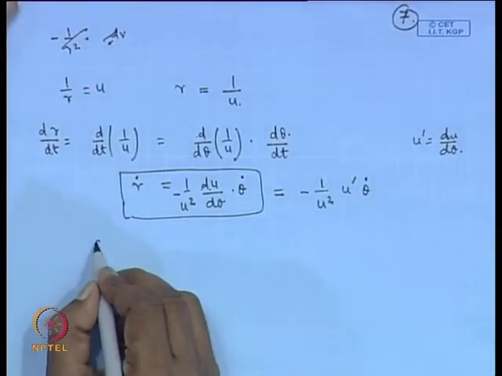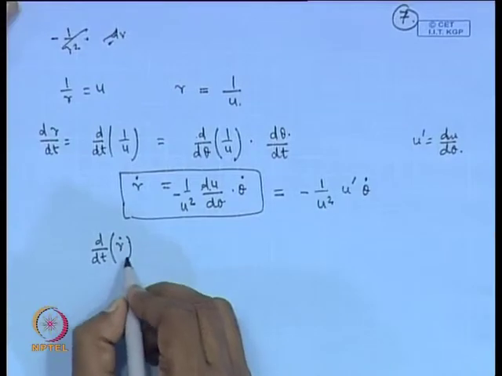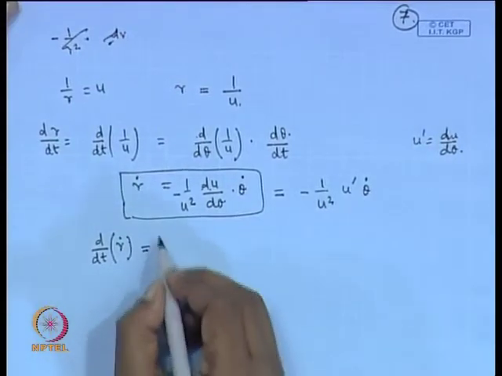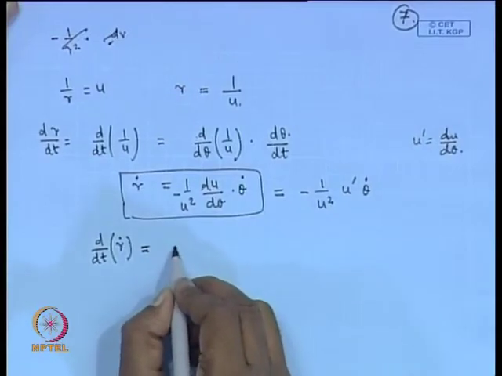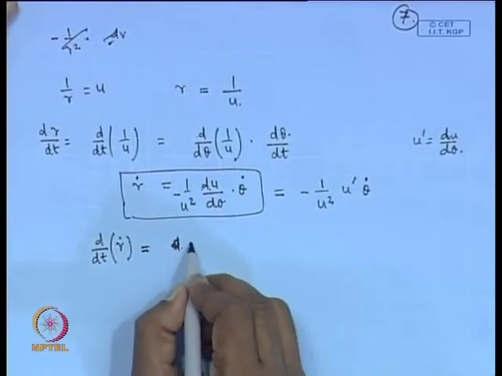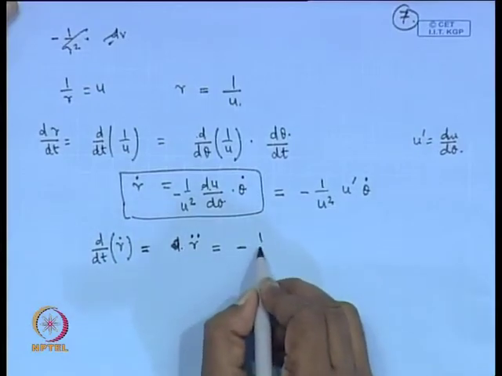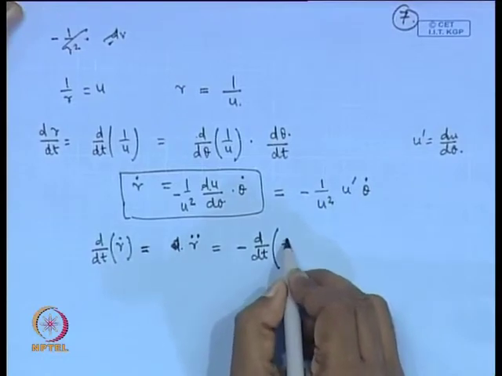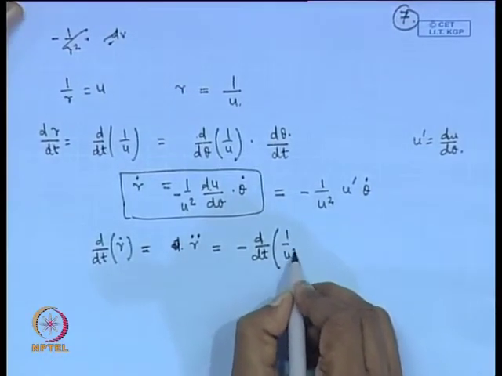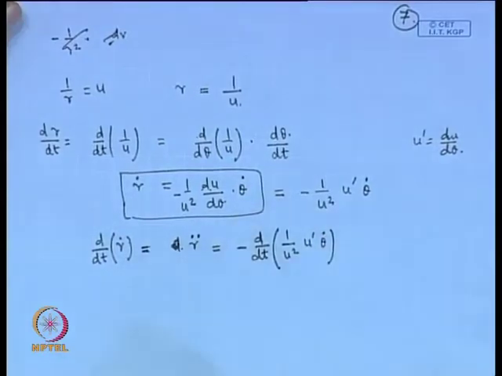So, next we differentiate this further, so this becomes r double dot equal to minus d by dt of 1 by u square times u prime theta dot.